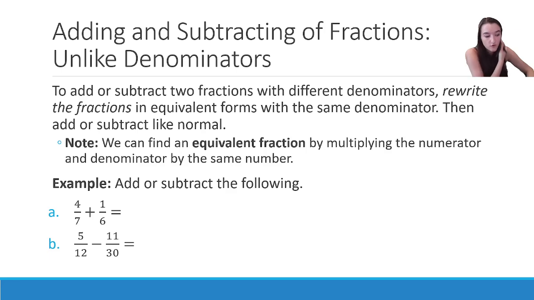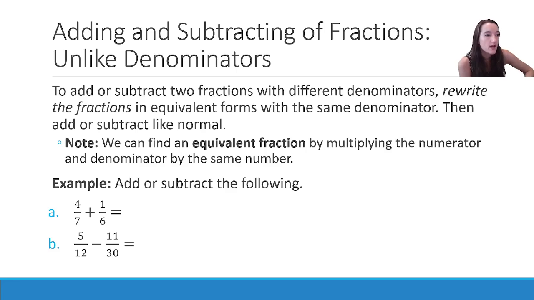So 4/7 and 1/6. We need a way to relate 7ths and 6ths. Okay, so we need them to have the same denominator. Basically, how do we figure out what that denominator is going to be? The easiest thing we can do is multiply by each other, essentially.